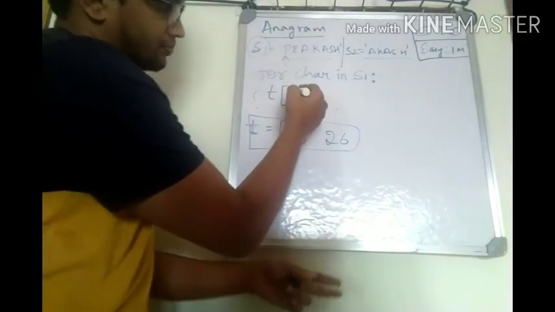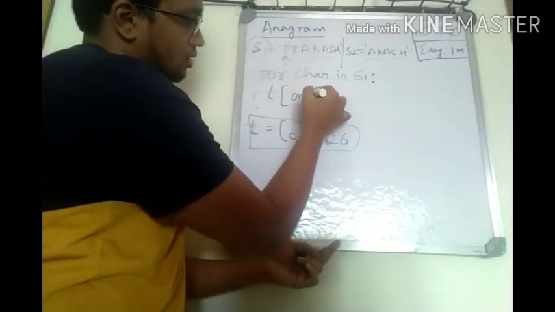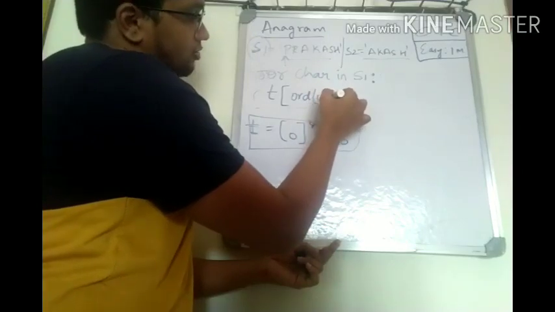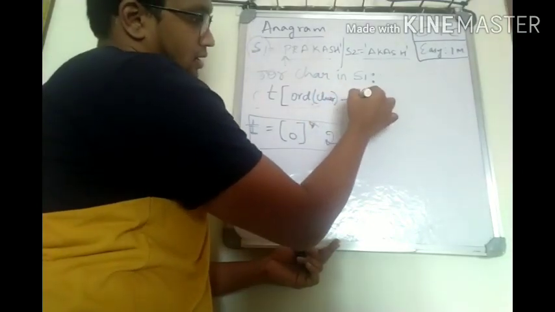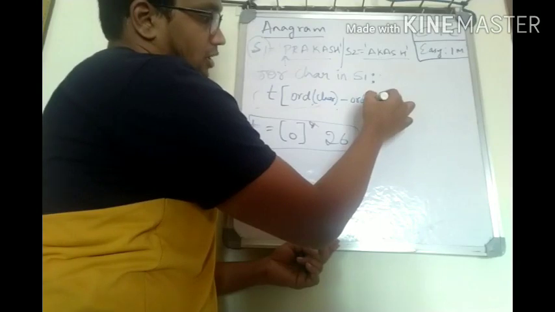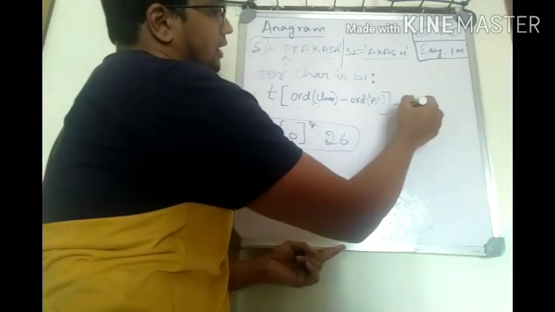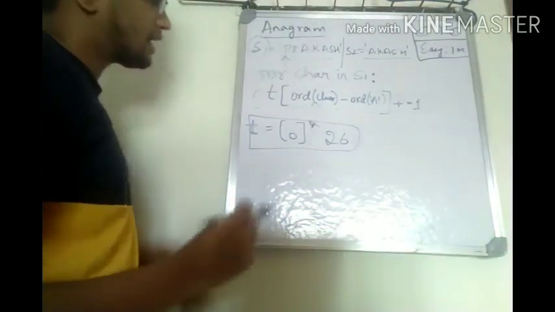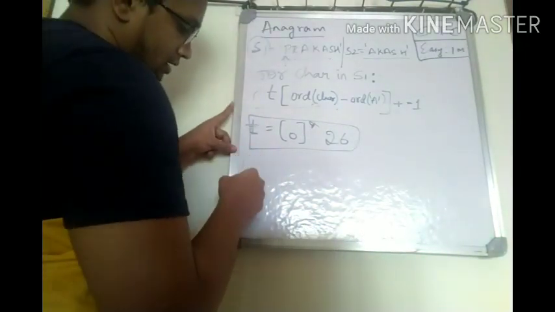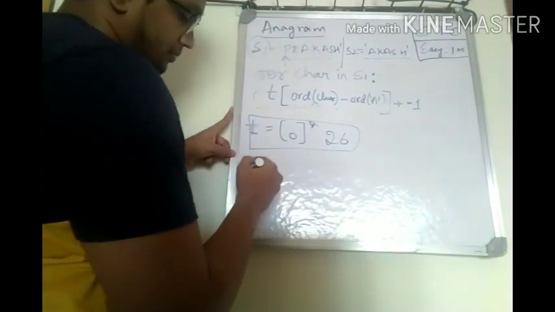T of ord of that character minus ord of A plus equal to 1. That will literally give, T has 26 elements, right?